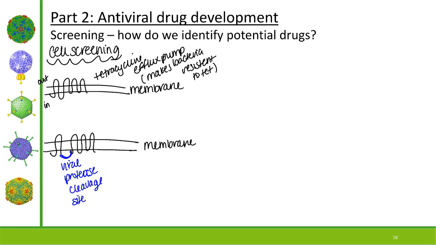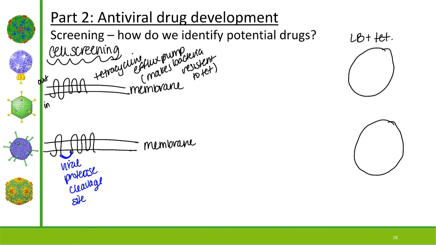And if we cut that, that means that we will break the protein, which means the bacteria will not be resistant to tetracycline. And that is how we actually screen our potential drug candidates. So we're going to have some LB plus tetracycline plates, and we're going to do two scenarios.